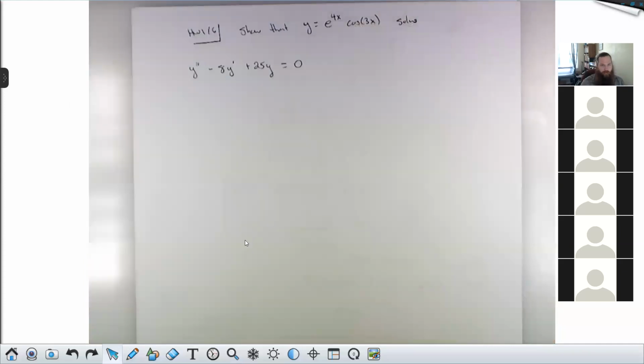Just for fun, practice classification: the ODE in question here is an ordinary differential equation. It's linear. It is a constant coefficient equation, and it is of order 2. So this is a second order linear constant coefficient ordinary differential equation, and it's what's called a homogeneous equation, but we'll talk about that later.